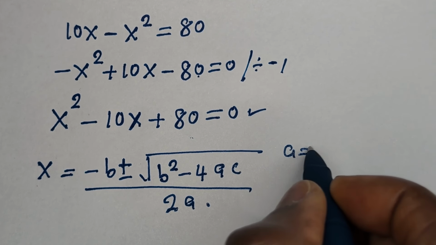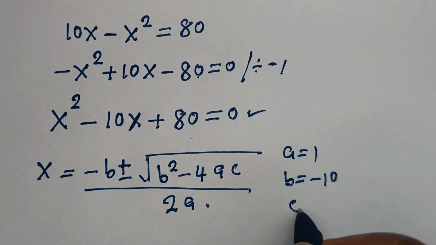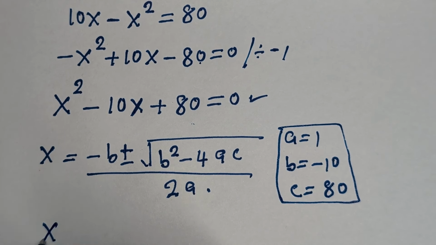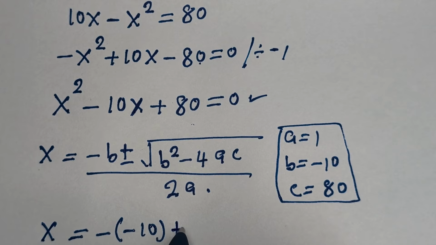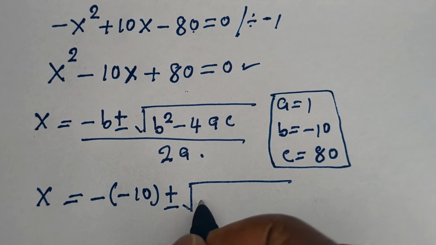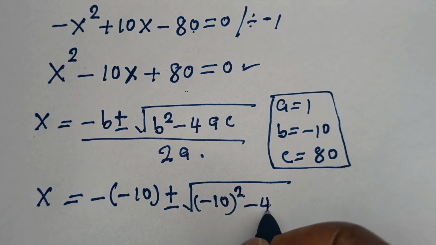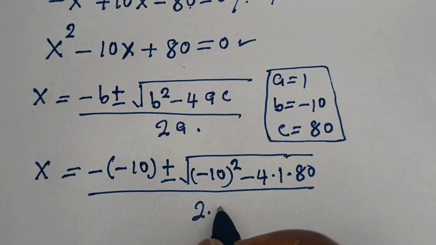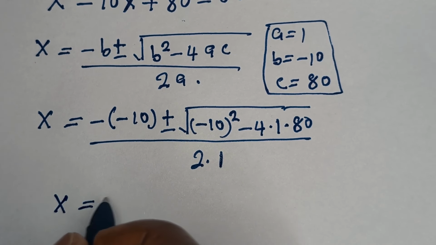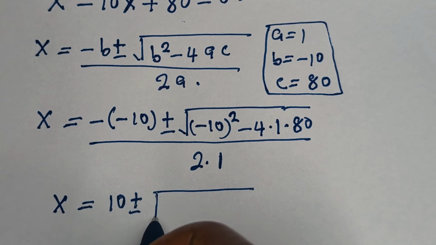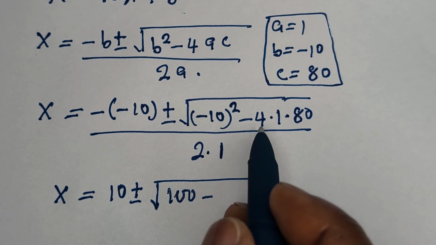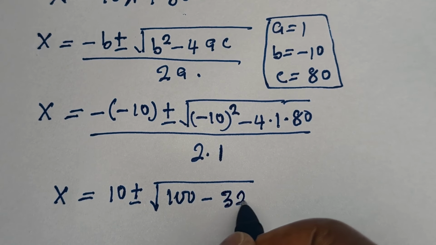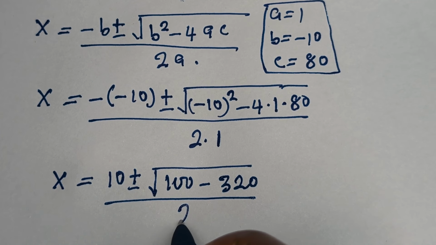From this equation, a is equal to 1, b is equal to minus 10, c is equal to 80. x is equal to minus bracket minus 10 plus or minus square root of minus 10 squared minus 4 multiplied by 1 multiplied by 80 over 2 multiplied by 1. x is equal to 10 plus or minus square root of minus 10 squared, that is 100, minus 4 multiplied by 1 multiplied by 80, that is 320, over 2 multiplied by 1, that is 2.